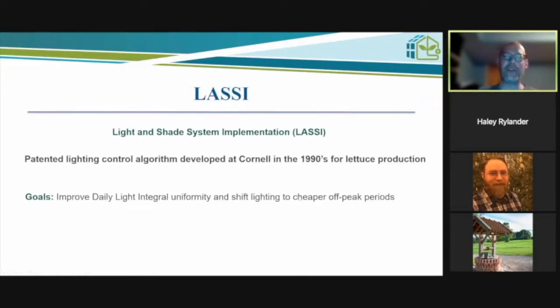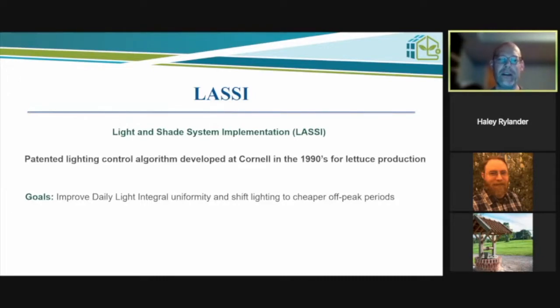We talk a lot about LASSI, and it's an acronym for a lighting control algorithm that was developed at Cornell by Professor Lou Albright in the 90s to help with the lettuce production that they were testing at the time. It stands for Light and Shade System Implementation.